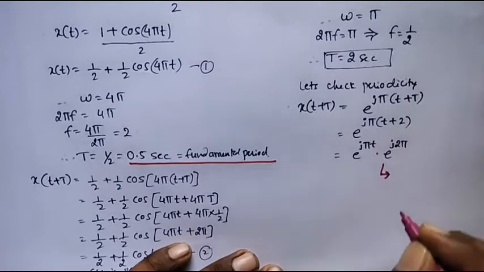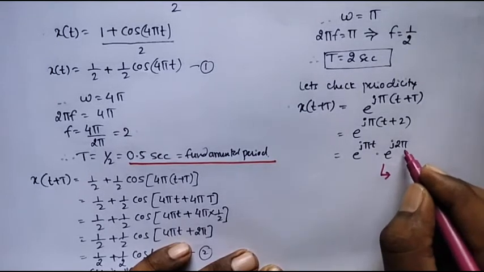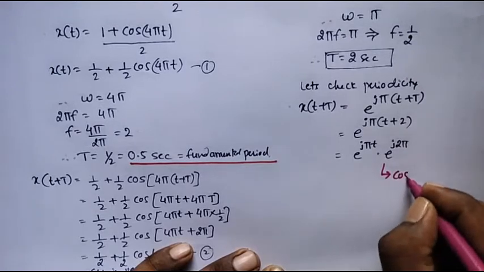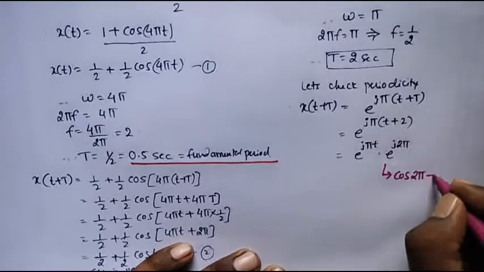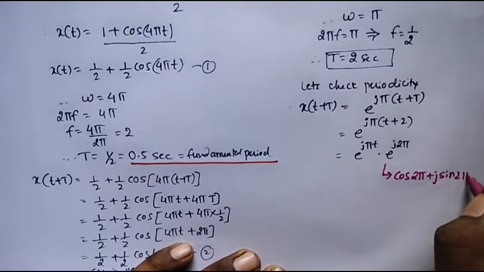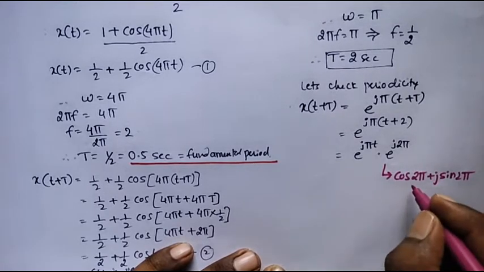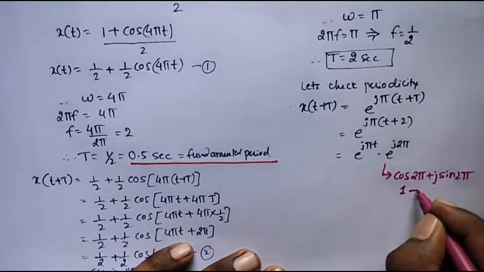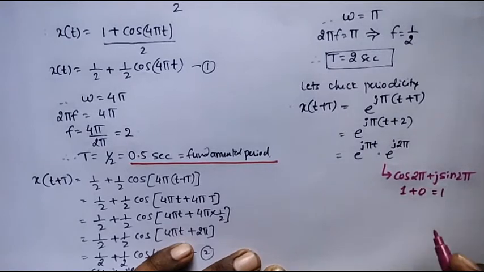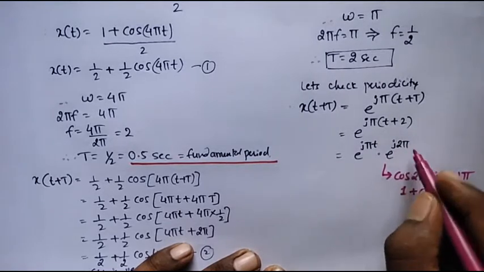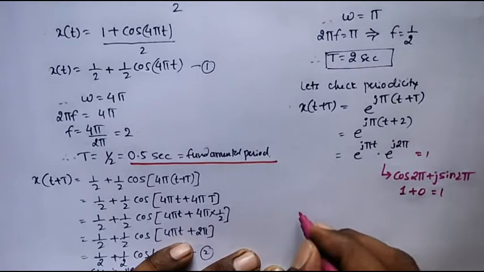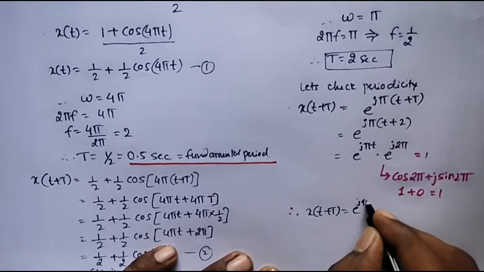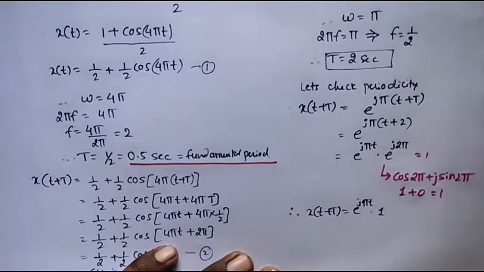Here I can write e power j theta is represented as cos theta plus j sin theta. Therefore, this can be represented as cos 2 pi plus j sin 2 pi. We know that cos 2 pi value is 1, sin 2 pi is 0. So this entire value is 1. Therefore, e power j 2 pi is equal to 1. Therefore, x of t plus T is equal to e power j pi t into 1.